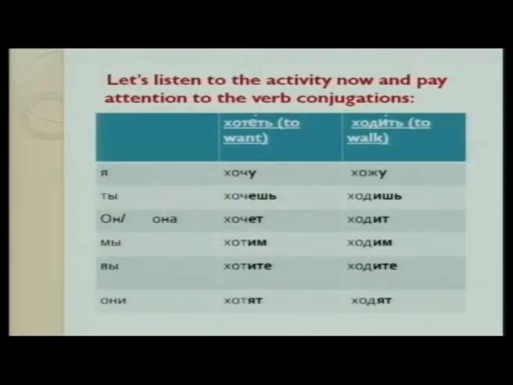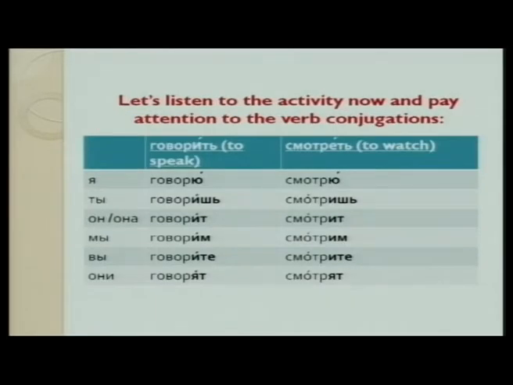Let's learn about the verb ходить first. Я хожу, ты ходишь, он, она ходит, мы ходим, вы ходите, они ходят. So accordingly, you can conjugate these verbs depending upon their ending, and that is why if you pay attention to the slides, we have categorically highlighted their endings in each and every slide.